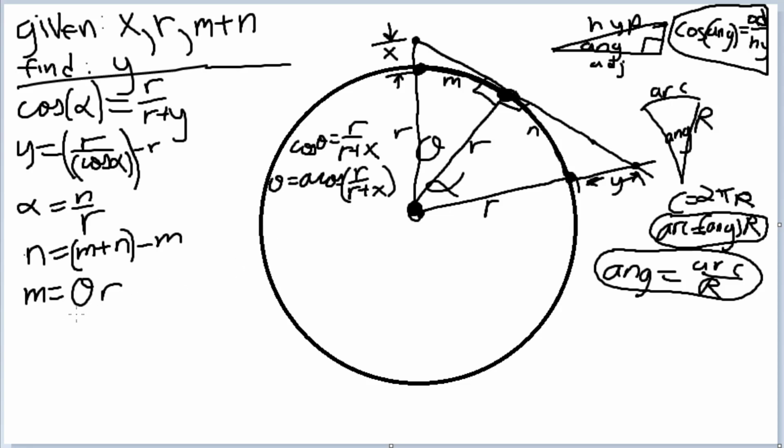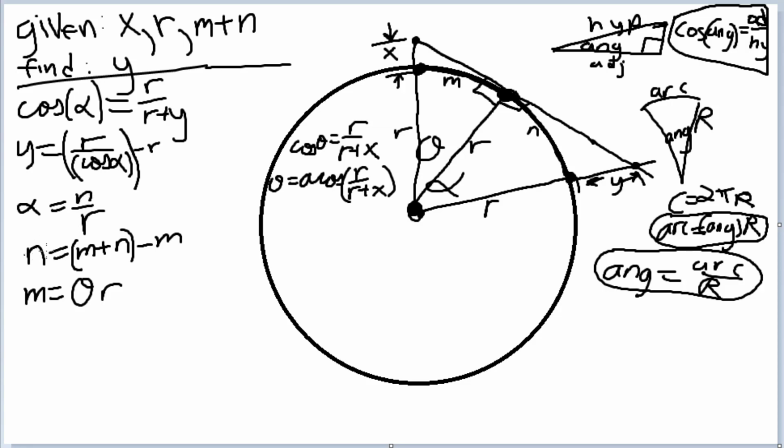So we're actually done at this point, because we've written y is equal to this. Everything is known except alpha, but alpha is a function of these variables. R is known, but n is not.